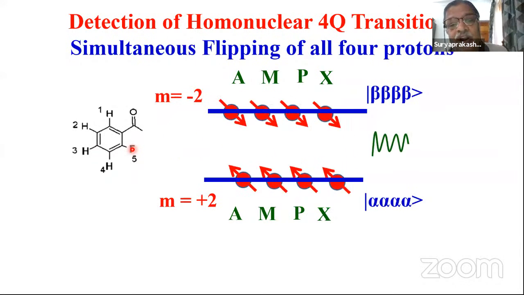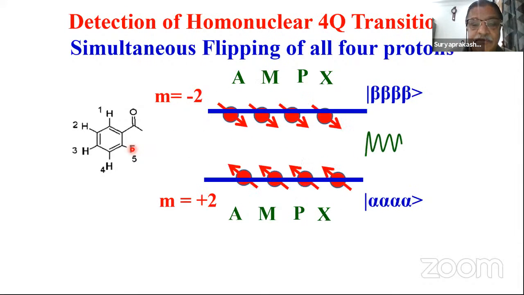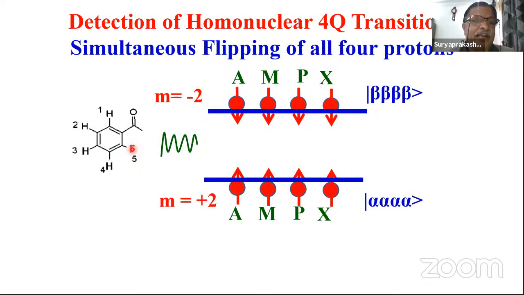I'll make sure that all 4 protons simultaneously undergo transition from alpha to beta, beta to alpha. If I take all the 4 protons in the beta state, this is minus, minus, minus, minus, which turns out to be minus 2. This is plus, plus, plus, plus, which turns out to be plus 2. So this transition, minus 2 to plus 2, the change in the spin angular momentum or the magnetic moment between these two energy states is 4.